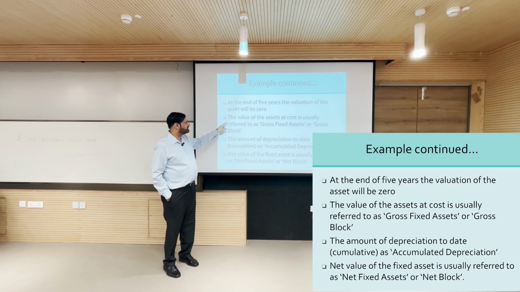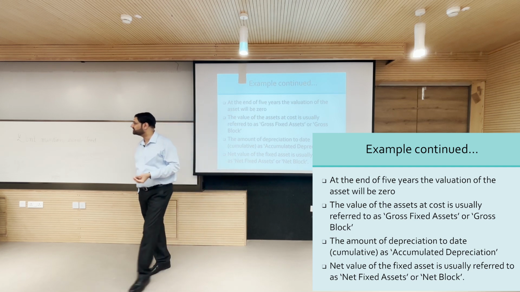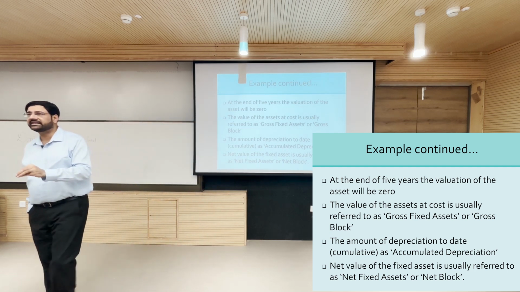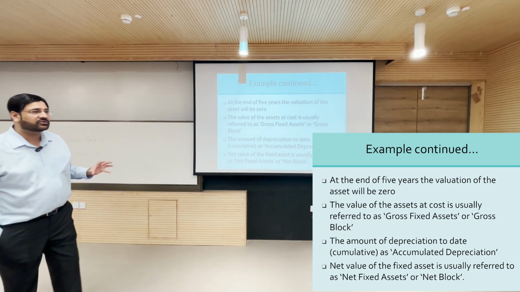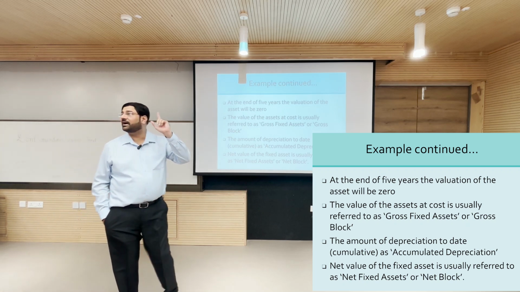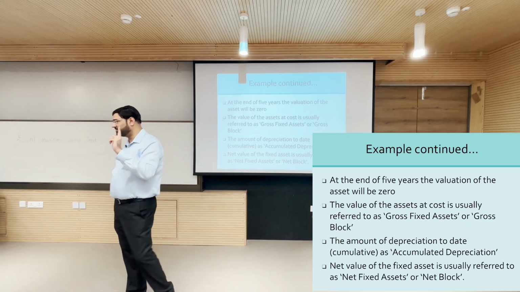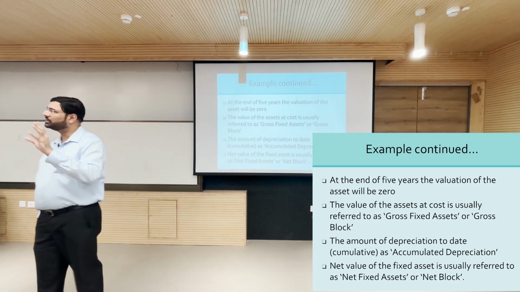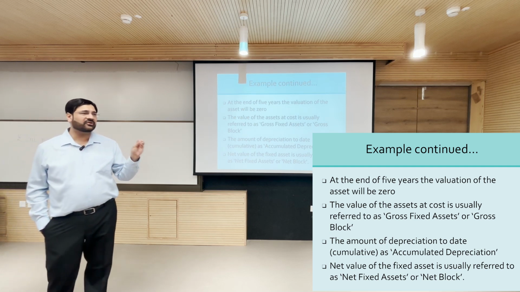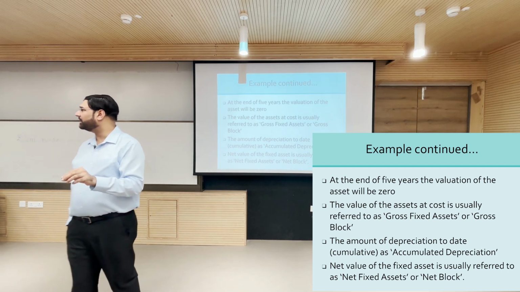The value of the assets at cost is usually referred to as gross block. The other name is gross fixed assets, or gross block. Then we say less accumulated depreciation. So gross block is the value of the car that we bought, the 10 lakh car, do you remember? If we have only one asset, we will say gross block 10 lakhs, then we will have depreciation of 1 lakh every year.